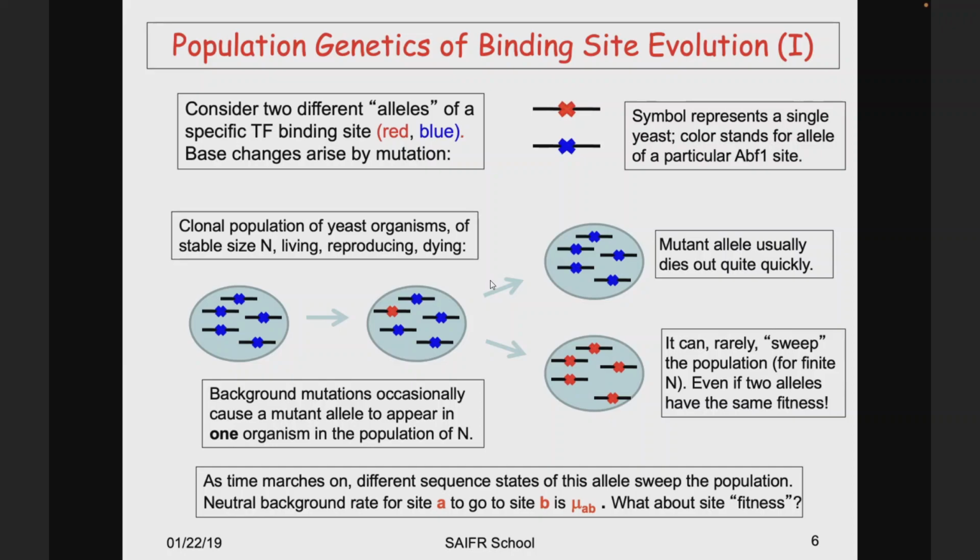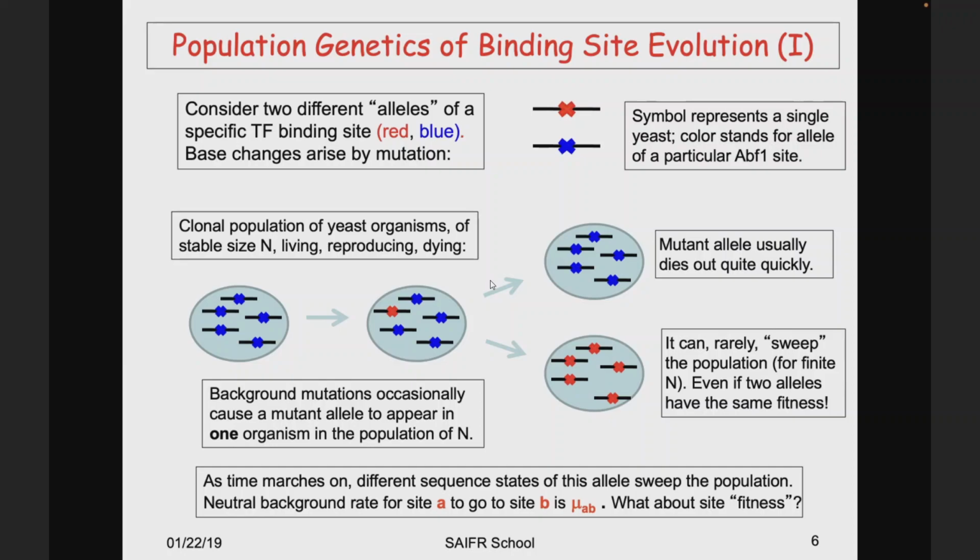Indeed, the mutant allele usually dies out quite quickly, but especially in finite-sized populations, just ordinary statistical fluctuations can cause the mutant allele to dominate and sweep the population, even if it doesn't have any selective advantage.